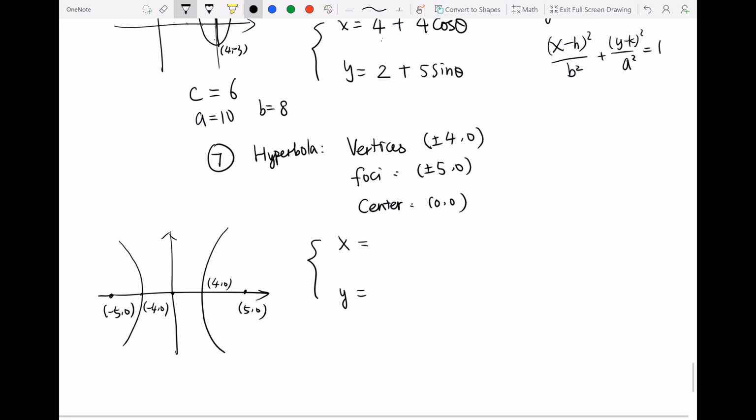Alright. So I will call a student here. Travis, could you please tell me what you got for this one? I got x equals 0 plus 8 secant theta. 8?